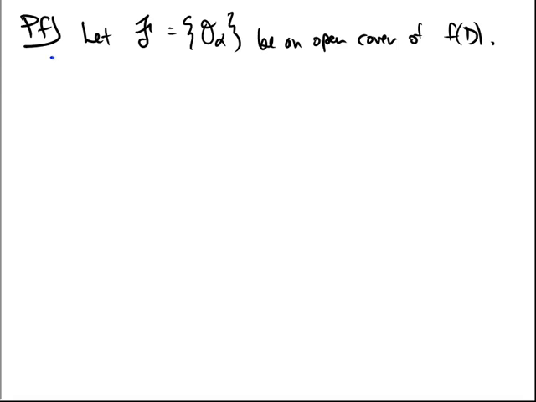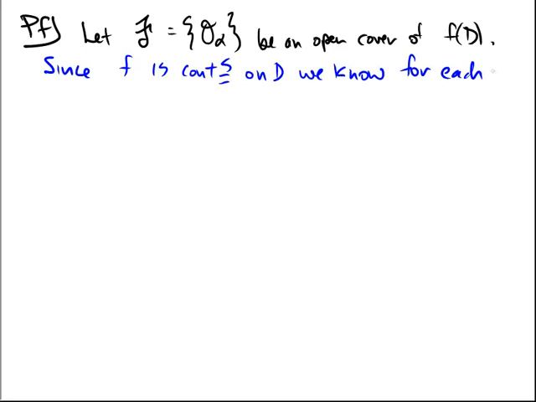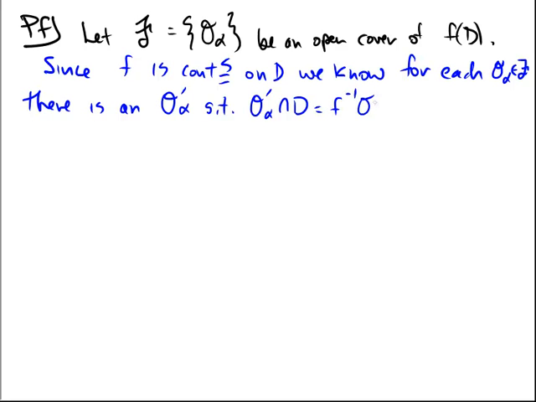So, using what we have so far, since f was given to us to be continuous on D, we know from the previous lecture, 5.2, that for each O alpha in this family of sets, there is an O prime alpha such that if we take O prime alpha and intersect it with D, this equals the inverse image of O alpha.